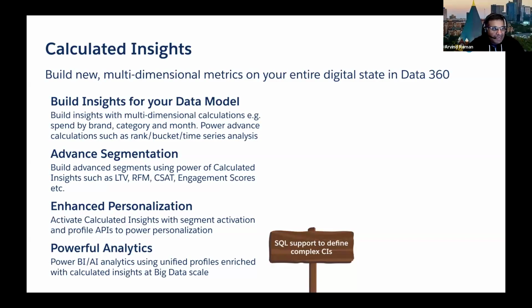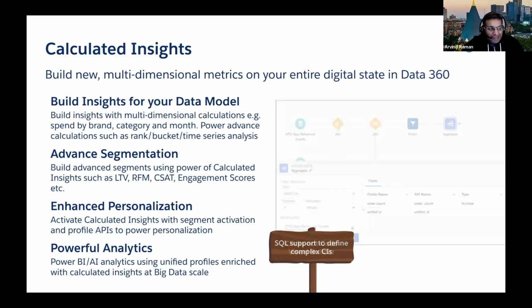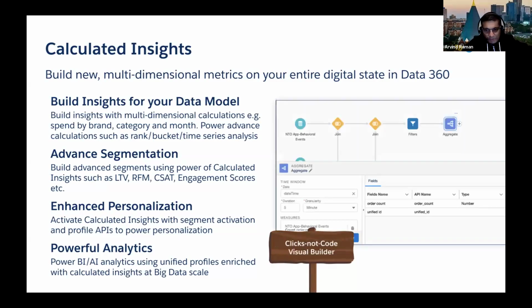So you can build insights like lifetime value, RFM modeling, health scoring, some sort of engagement score, or trying to figure out your CSAT. And again, you can do this with clicks, no code, or through SQL as well.